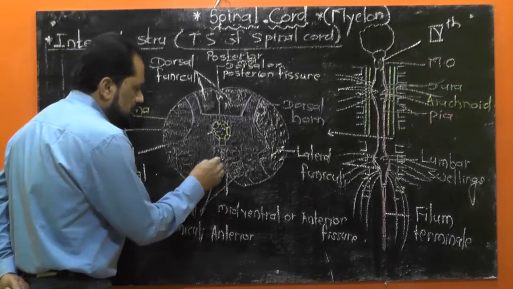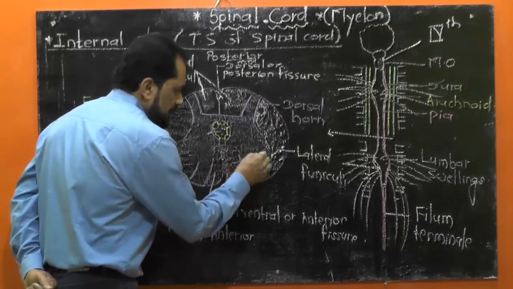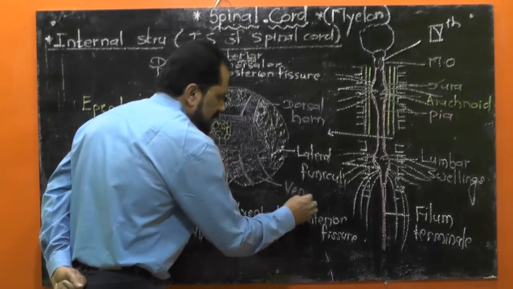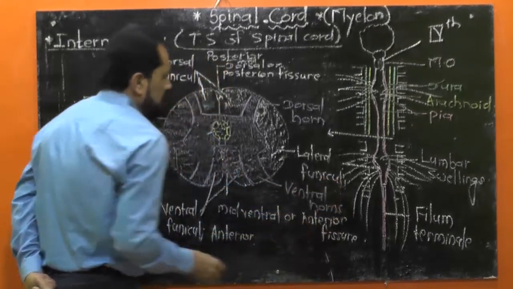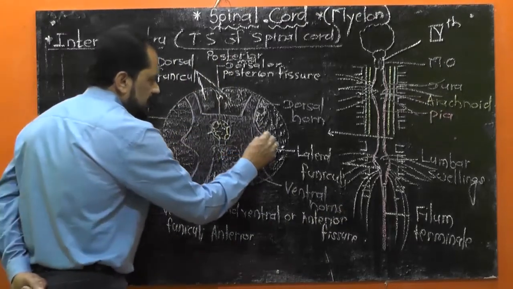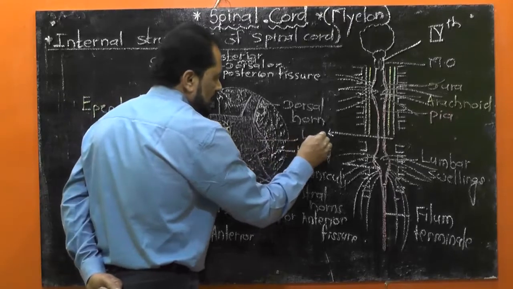Then the 2 projections towards the ventral surface, ventral side, known as ventral horns, and 2 less distinct projections towards the lateral side known as lateral horns.